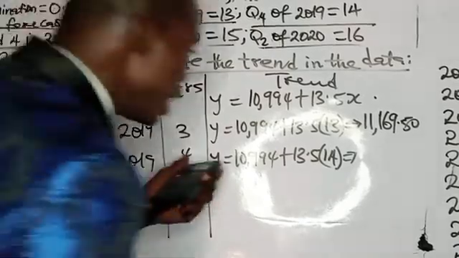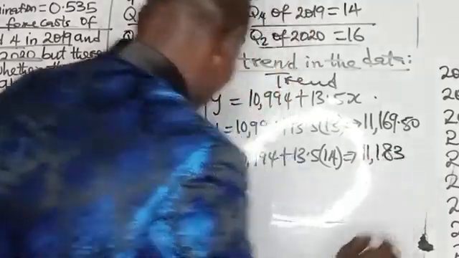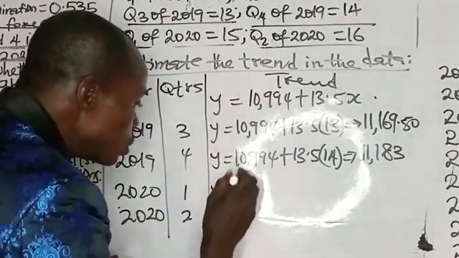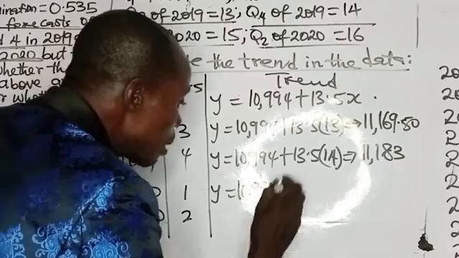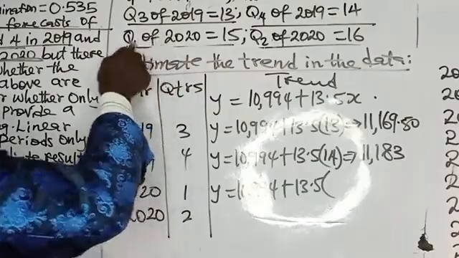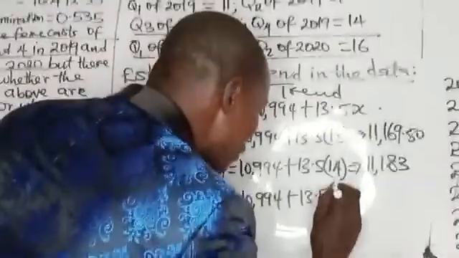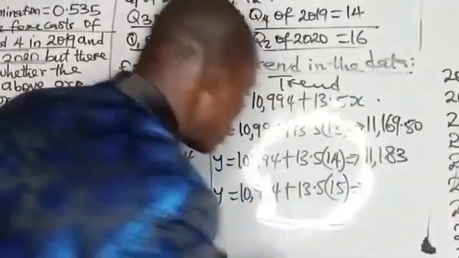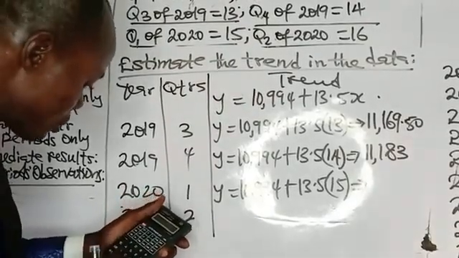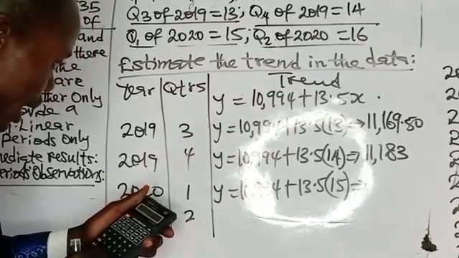That gives us 11,183. Then quarter 1 of the year 2020, y equals 10,994 plus 13.5 multiplied by x, where x equals 15. 13.5 times 15 gives us 202.5, plus 10,994.